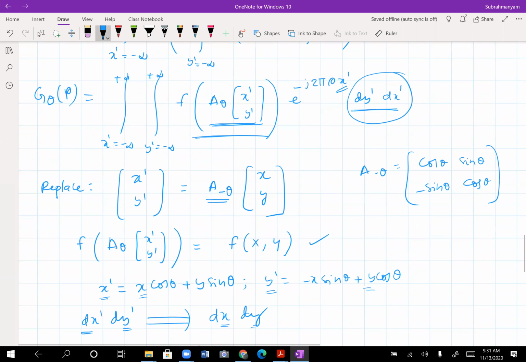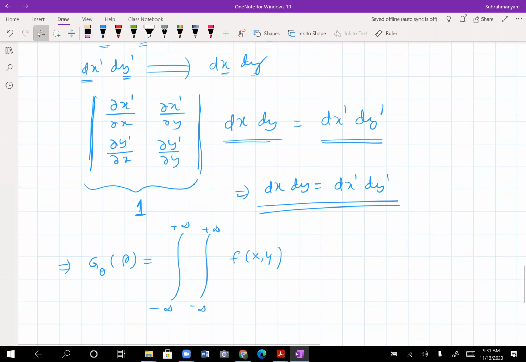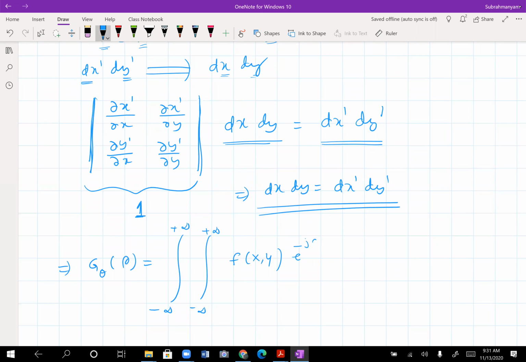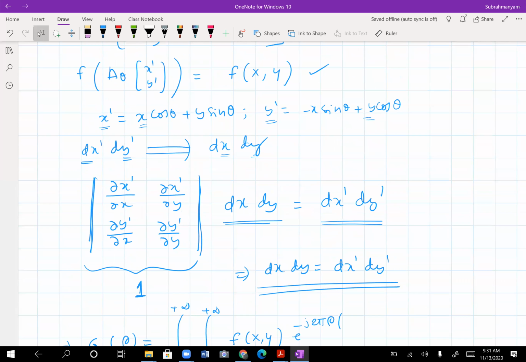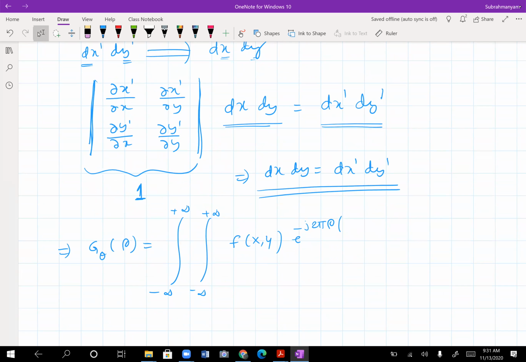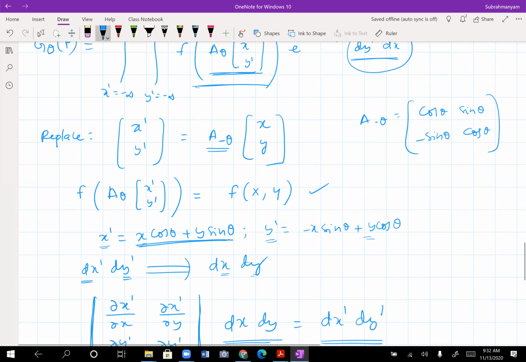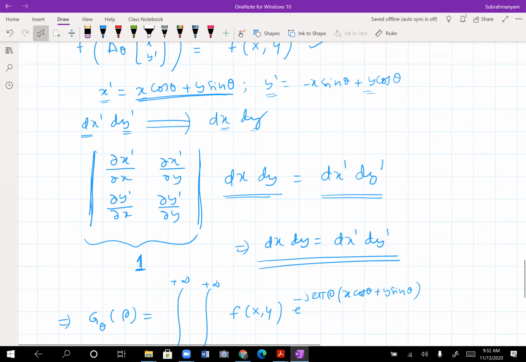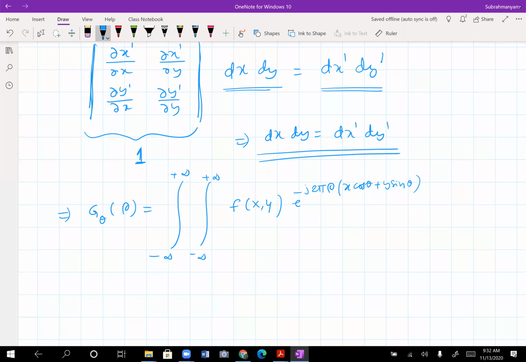And then e power minus j 2 pi rho x dash. In place of x dash, what should we write? x cos theta plus y sin theta. What else? Is there anything else? That's all. dy dash dy, then that will become now dx dy.